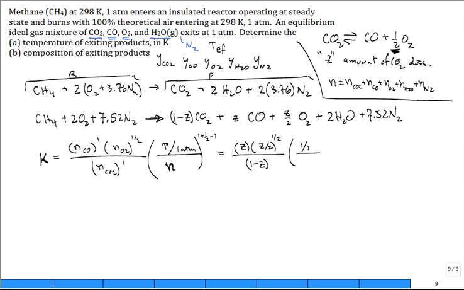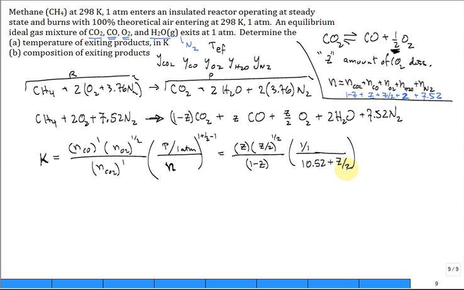So if I write it out, this is 1 minus Z, this is Z, this is Z over 2, this is 2, that looks like a Z, but it's a 2, and this is 7.52. So when you sum it all up, N is, let me write it here, 10.52 plus Z over 2.